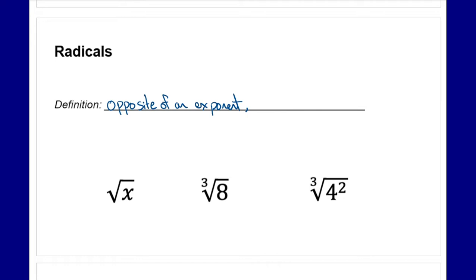Think back to the sum of squares or the Pythagorean theorem: you're trying to cancel out that squared, so you square root. Or when solving equations, you cancel out the square by square rooting.